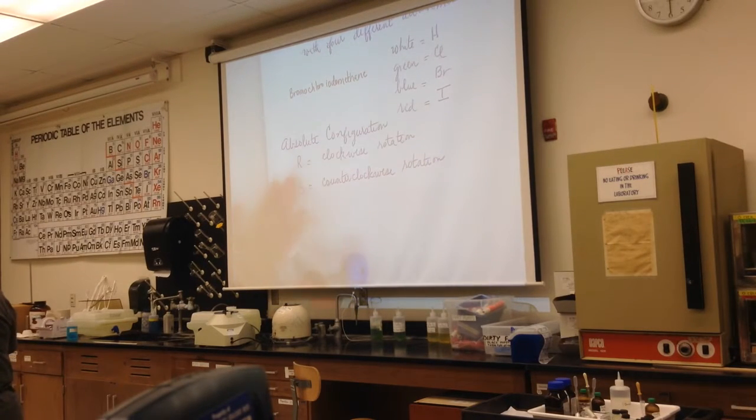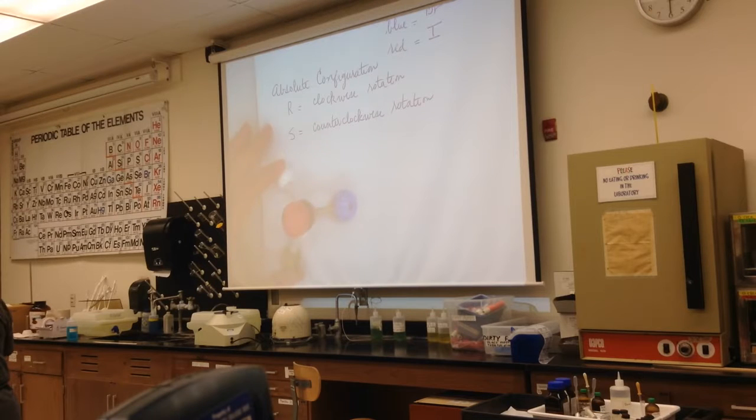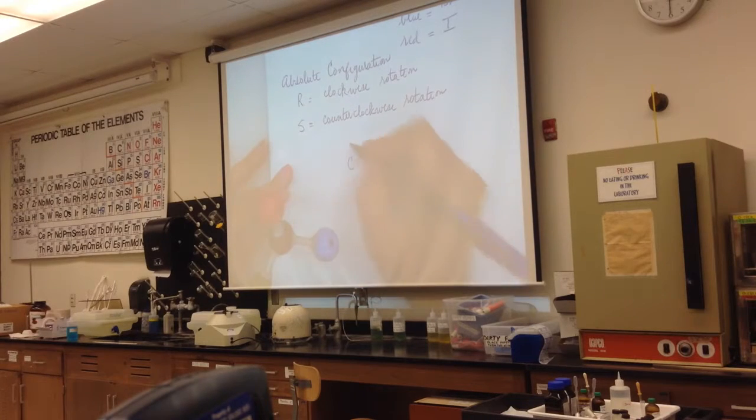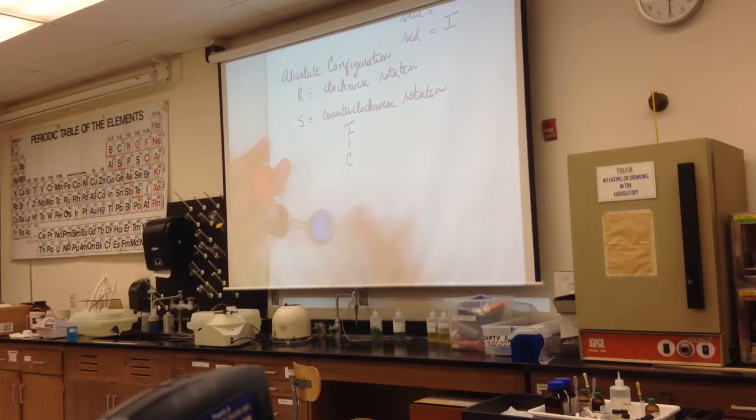Okay. So the next thing that we do is that we assign priorities. So I'm going to go ahead and draw the structure, and I'm going to assign priorities. So I have at the top, which is red, iodine. To the one side, it's blue, which is bromine.